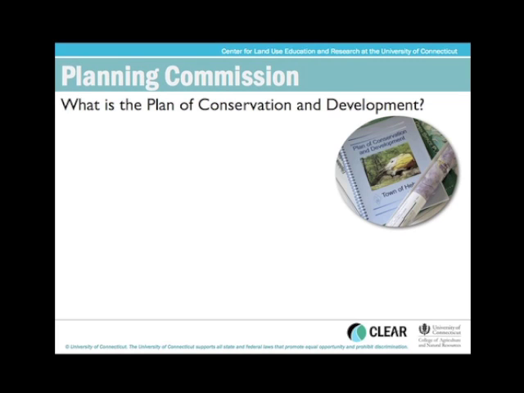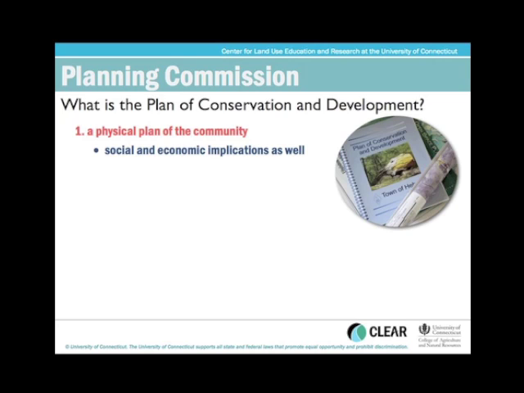So let's take a look at this first big power and responsibility that the Planning Commission has, and that is, let's look at what a plan of conservation and development is. It's primarily a physical plan of the community. It looks at what is actually physically on the ground and how it's all arranged, what's going to happen, and what activities are going to happen in the future.